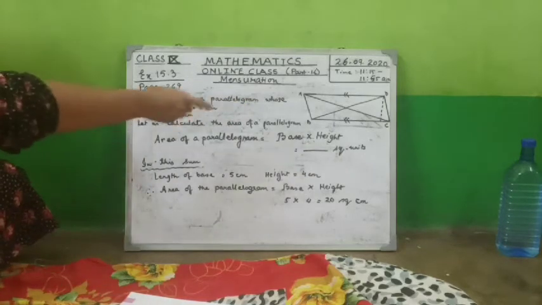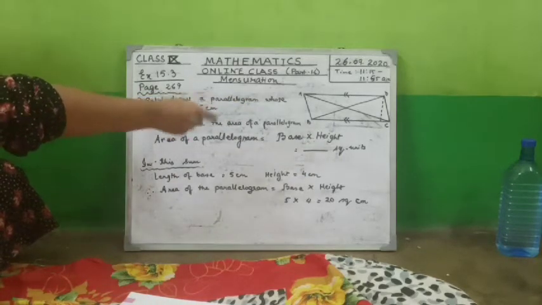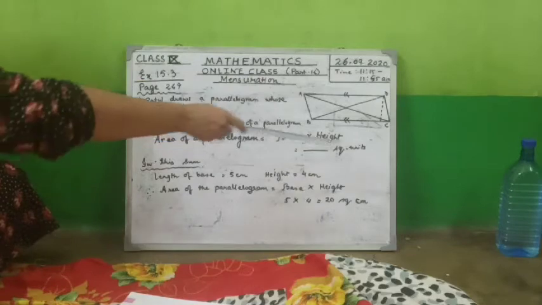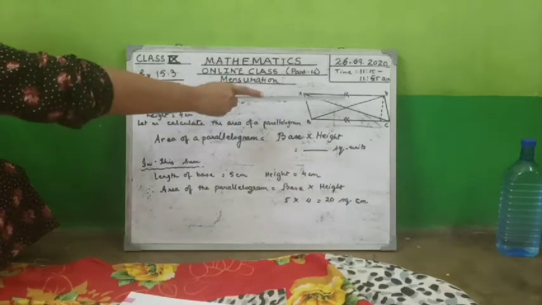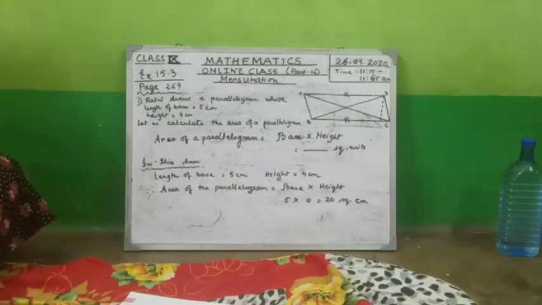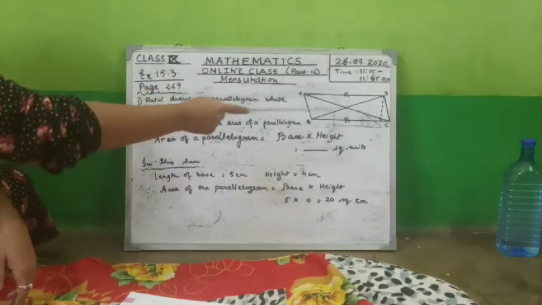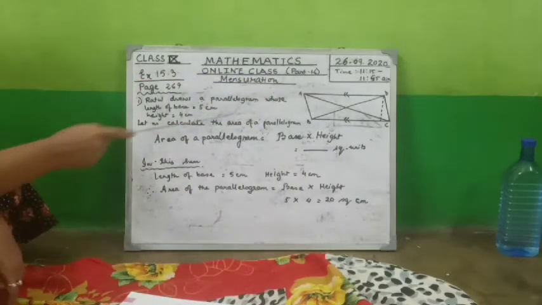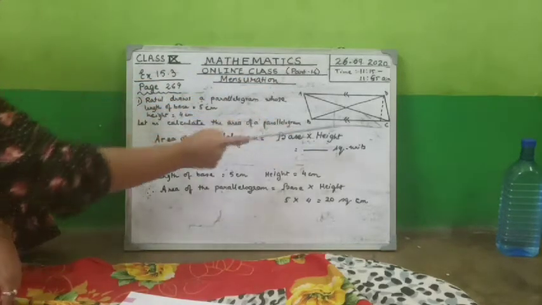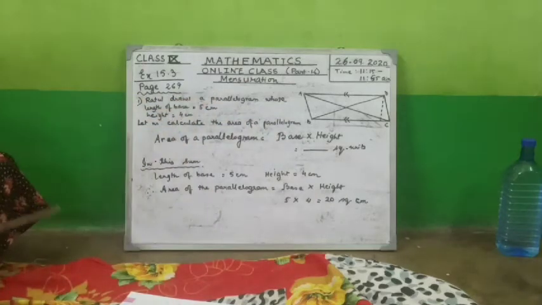And if you draw a transversal on both the sides, you get an enclosed figure of a quadrilateral, and this quadrilateral is none other than a parallelogram. In a parallelogram, the opposite sides are equal, like this: AD is equal to BC and AB is equal to DC. Clear, children? And AC and BD are called the diagonals of the parallelogram.